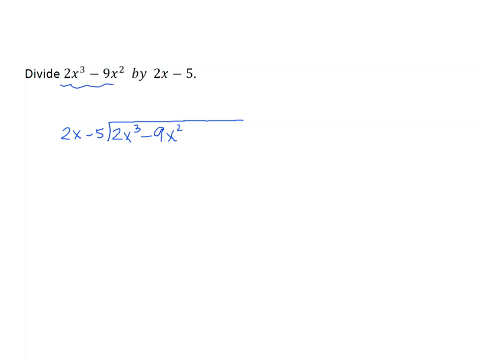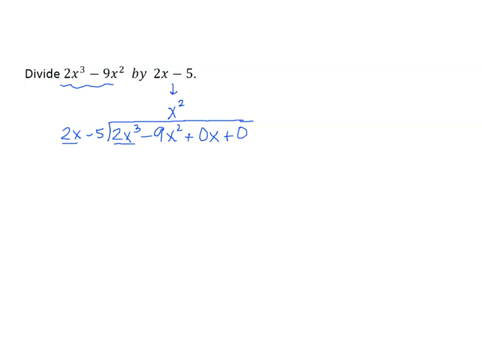But remember, we have to go all the way down to our constant term. So here we have no x term and we have no constant term. So we need two placeholders, one for the x and one for the constant term. So 2x times what will give me 2x cubed? That would be x squared, so we write it over the x squared.